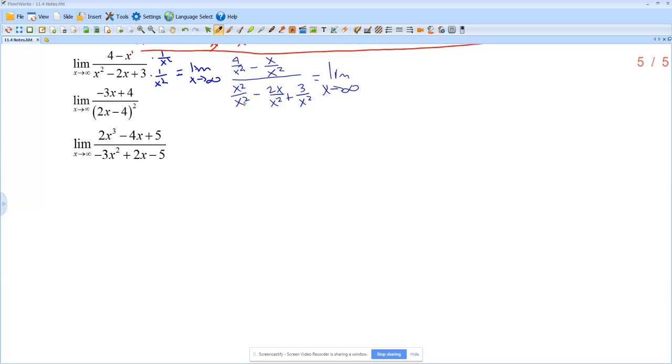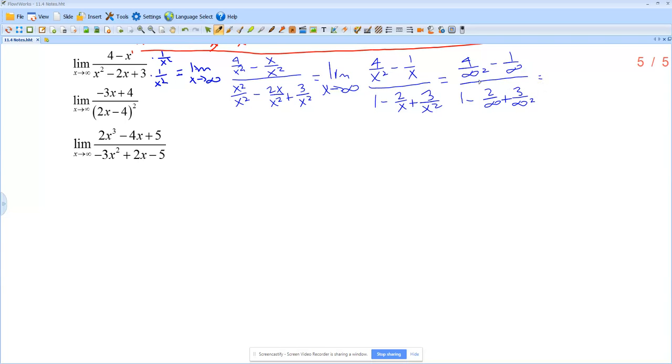And you can simplify these right away. That's totally fine. We have 4 over x squared minus 1 over x. So you could go to this step right away. And now we're going to evaluate this at infinity. So I get 4 over infinity squared minus 1 over infinity, over 1 minus 2 over infinity plus 3 over infinity squared.